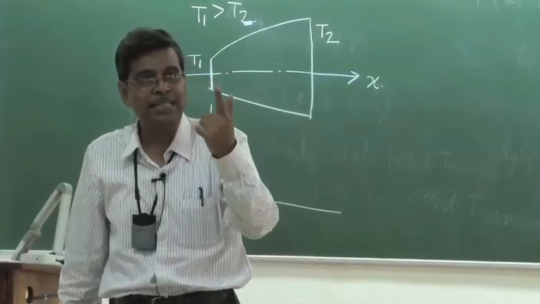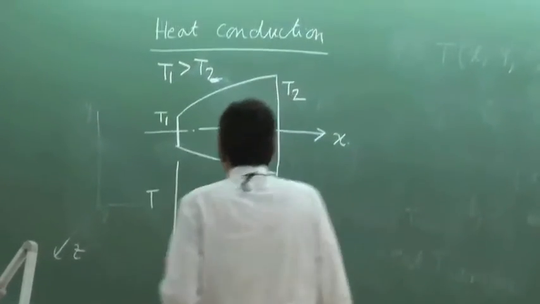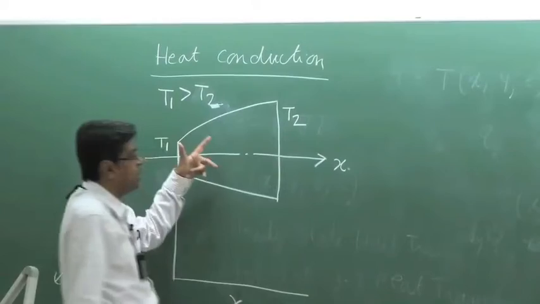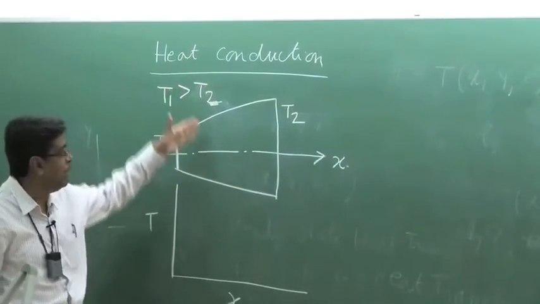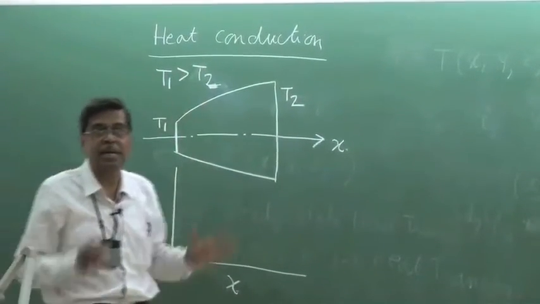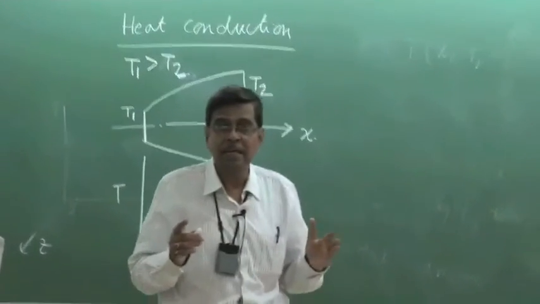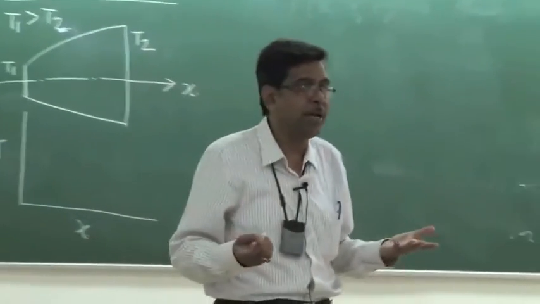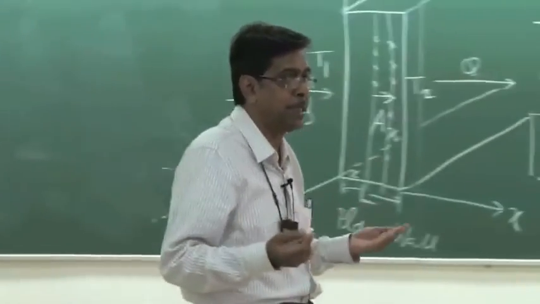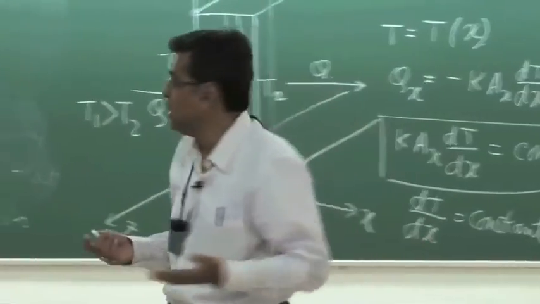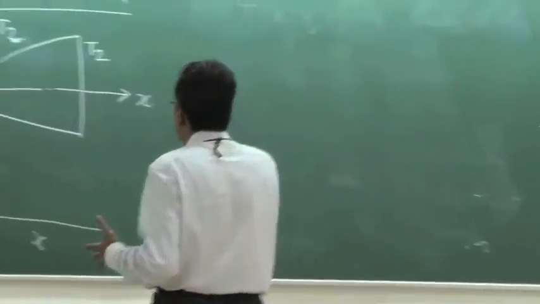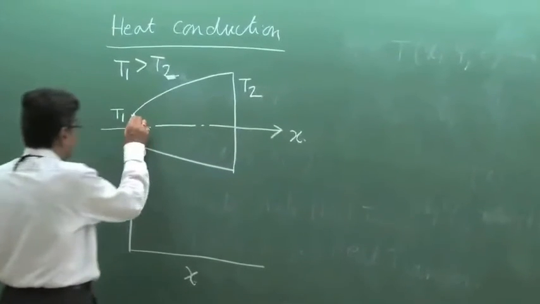But one catch is here, that this type of geometry, which is not a plane wall, that the area is not constant, strictly speaking, doesn't give a one-dimensional heat transfer picture. Usually, in this type of geometry, the temperature is a function of both x and y.